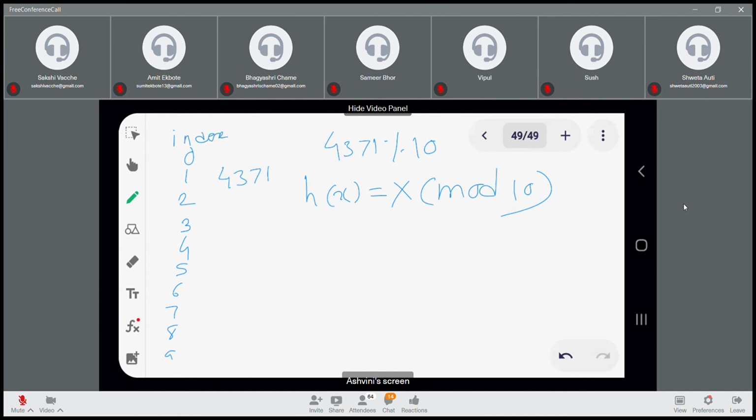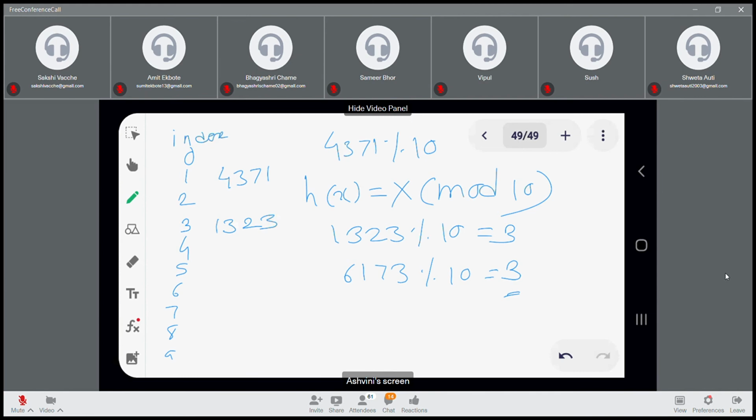Now after that, second number is 1323 mod 10. Mod value is 3. So I am going to place it at index 3. Now your next number is 6173 mod 10 is equal to 3 again. Now here collision occurs because at index 3 we have already placed 1323.